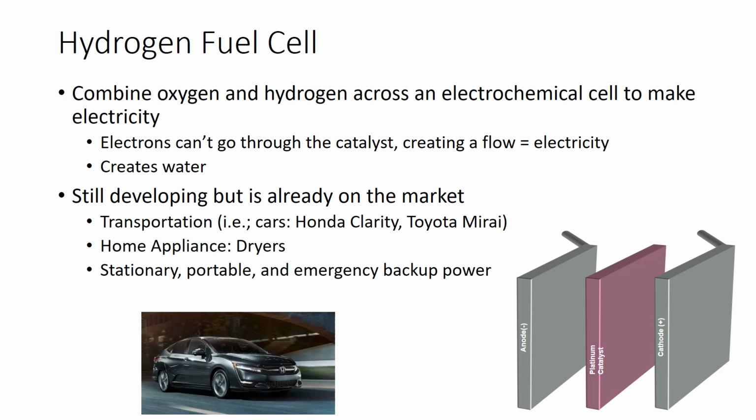But there's an issue with where the hydrogen is coming from. It has to come from somewhere, especially if we're going to use it for more electricity than what it's used for right now, which is really just small portable emergency backup power, like on the side of the road for street lights.